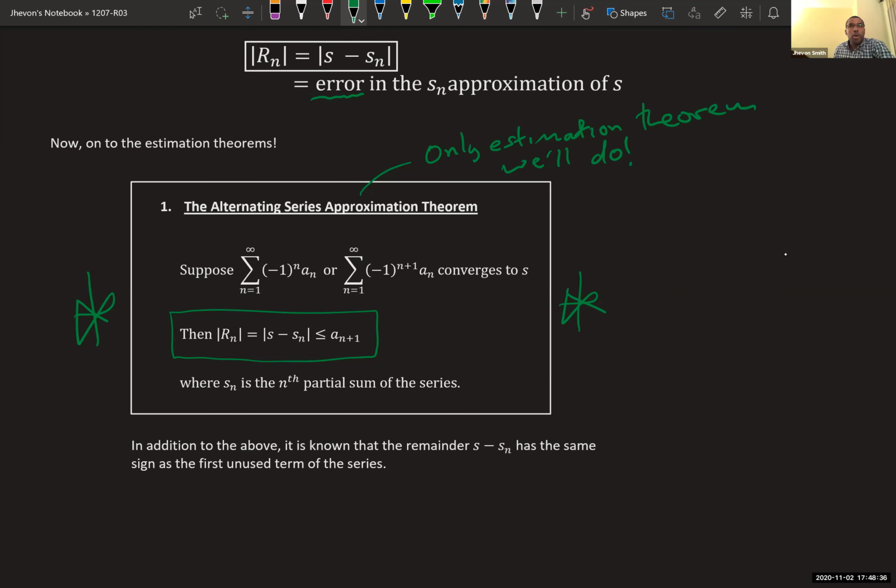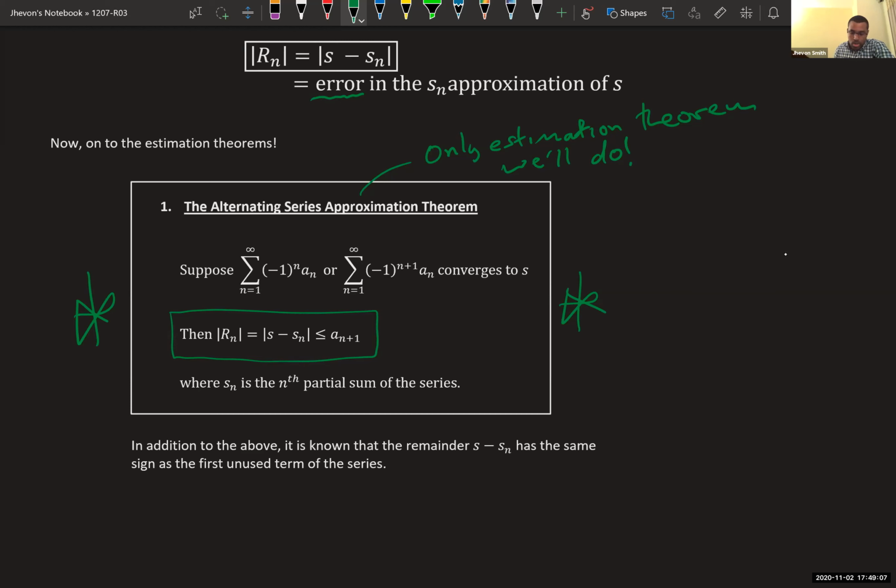If I add up the first 100 terms, look at the 101st term. No matter how many terms you add up, all you have to do is look at the magnitude of the very next term, and it tells you you're at most that magnitude away from the actual answer, which is pretty neat, pretty useful.